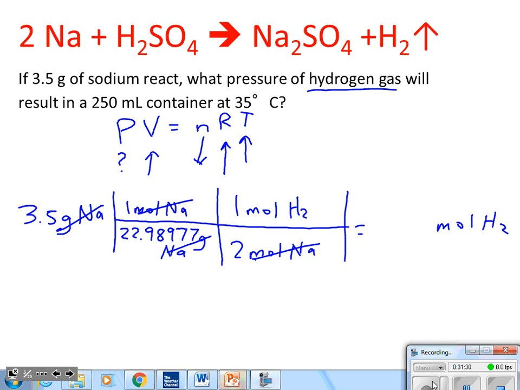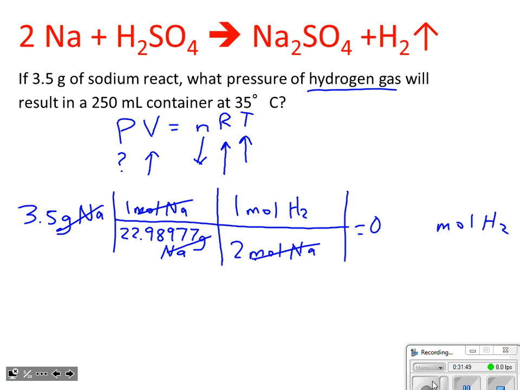So, as I do my math, I get a value of 0.07612.